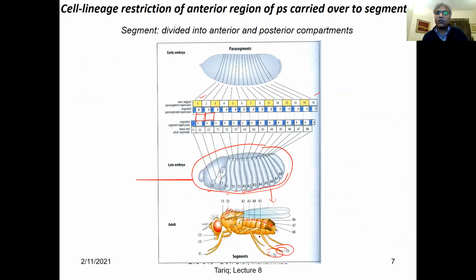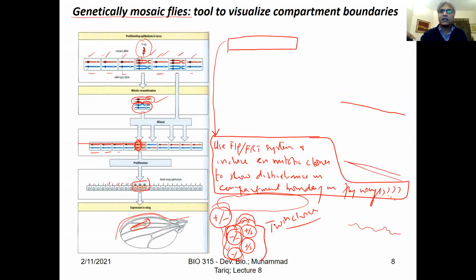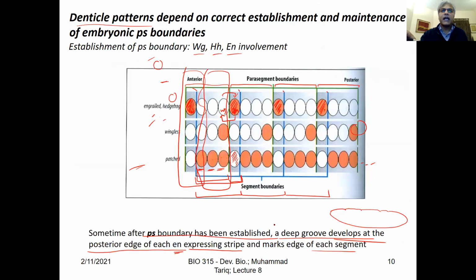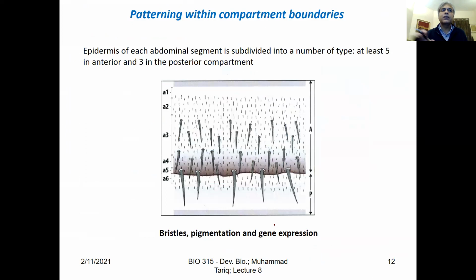On the dorsal side, different, and then on the ventral side as well. Very unique pattern. That is also due to the patterning or pattern formation within the compartmental boundaries.